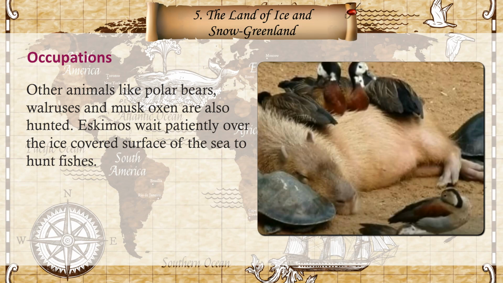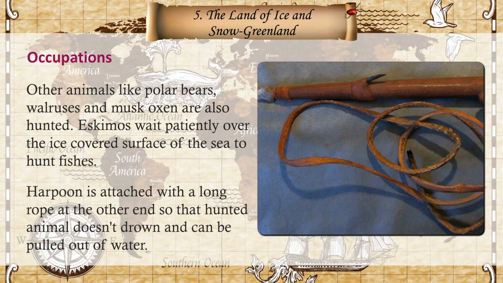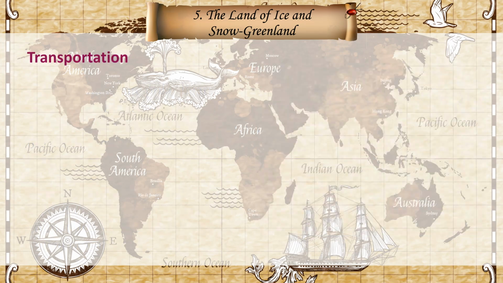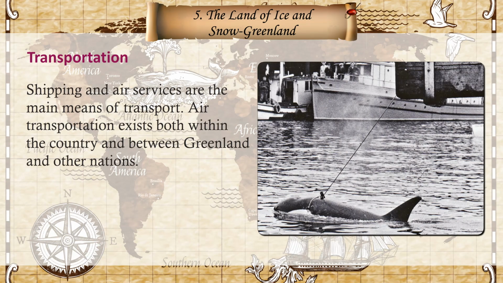Eskimos wait patiently over the ice-covered surface of the sea to hunt fish. The harpoon is attached to a long rope at the other end so that the hunted animal doesn't drown and can be pulled out of the water.